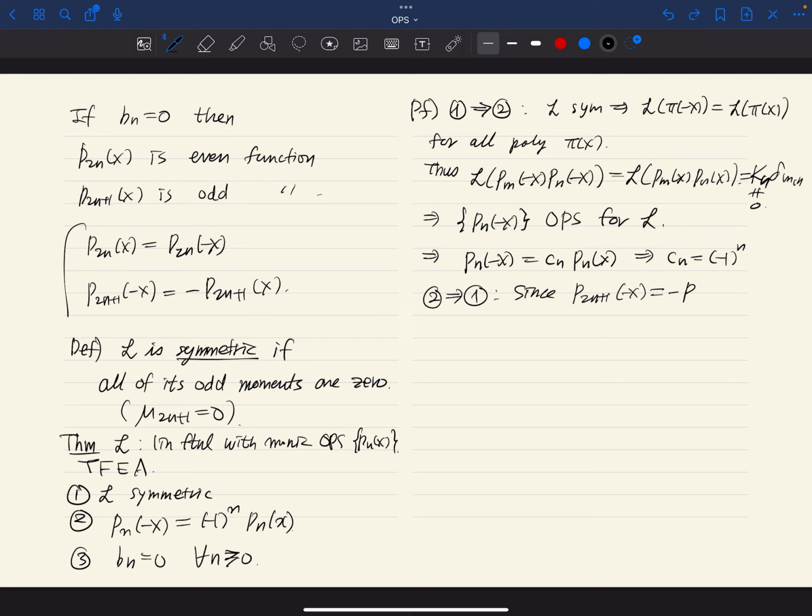By the assumption, P_{2n+1}(x) is an odd function. Maybe I can write the next line to show.